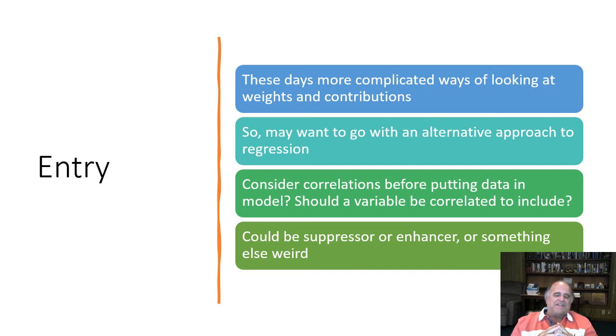Now, I probably should add to this, because this was a stats class, some of the books and even the teaching were oriented towards people in physical sciences as well as social sciences and education. And in the physical sciences, you're probably more likely to get pretty good correlations, really high R squared.